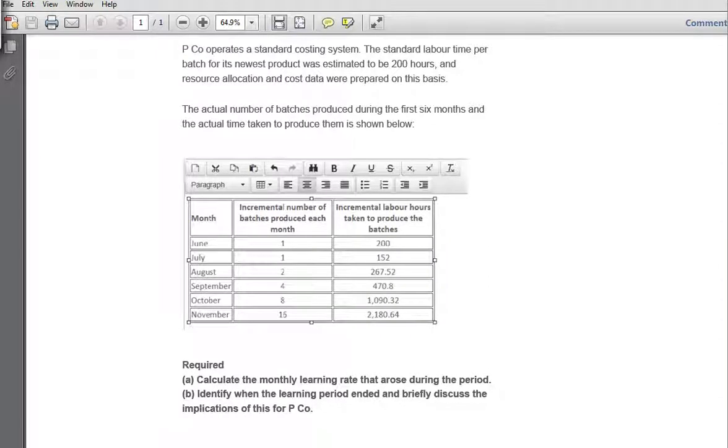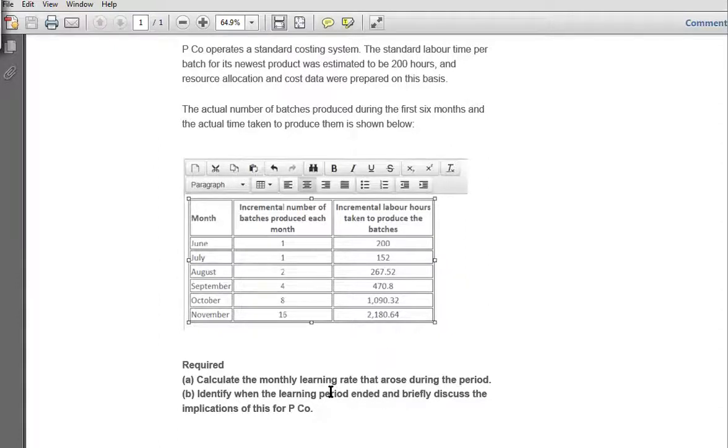And then it says: calculate the monthly learning rate that arose during the period, identify when the learning period ended, and briefly discuss the implication of this for the company. Now, this is the question. If you see part A, it can be done in many ways. We actually have done it using different approaches. Calculate the monthly learning rate, right?